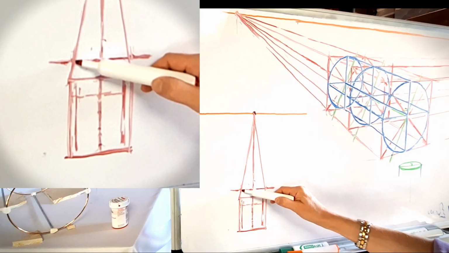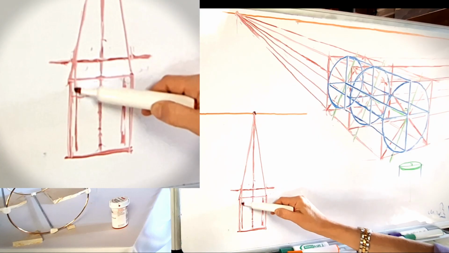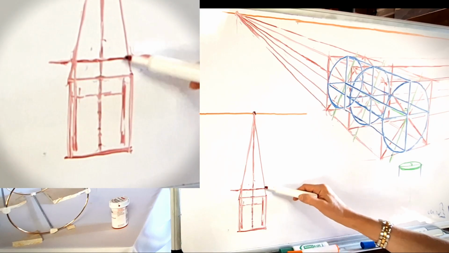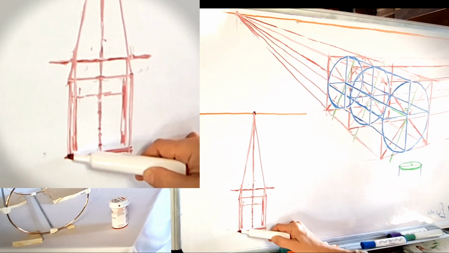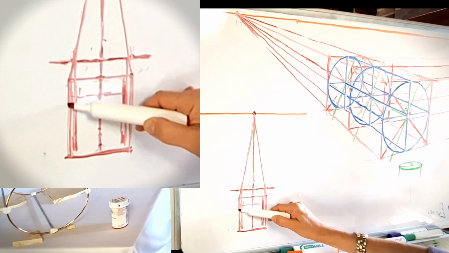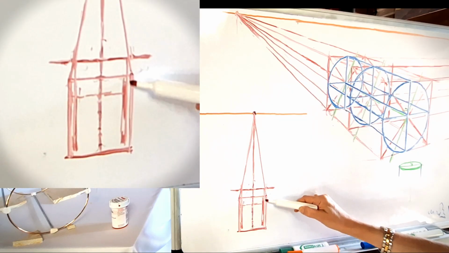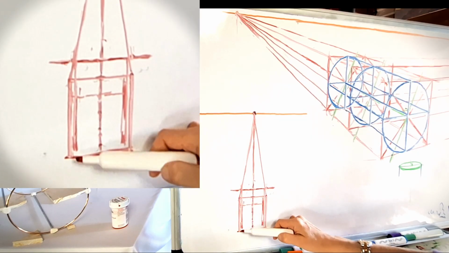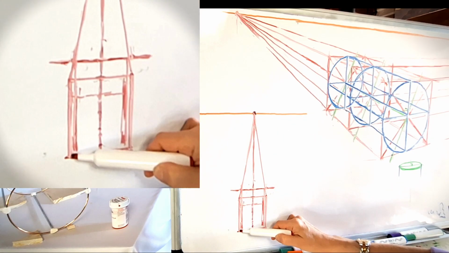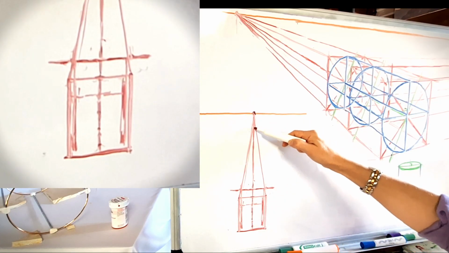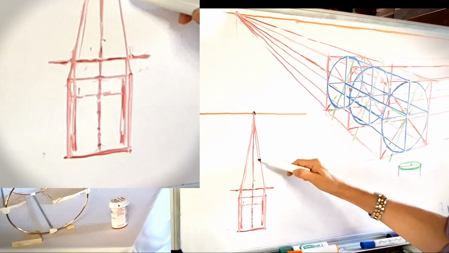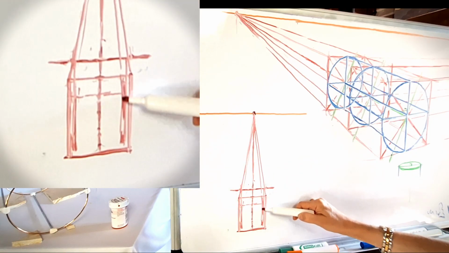We can now see that this will be the back of our rectangular prism. Trying to stay very light. And now if we connect the sides of our rectangular prism, again to the vanishing points, it's going to be a lot of lines very close together.